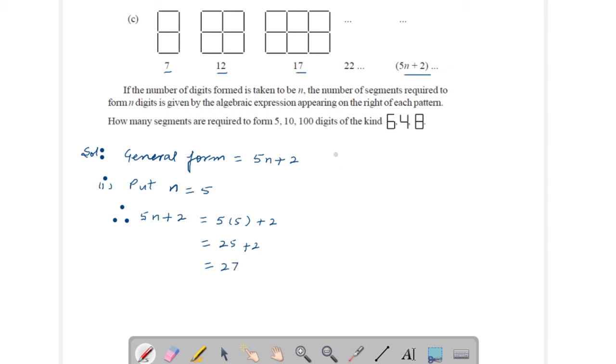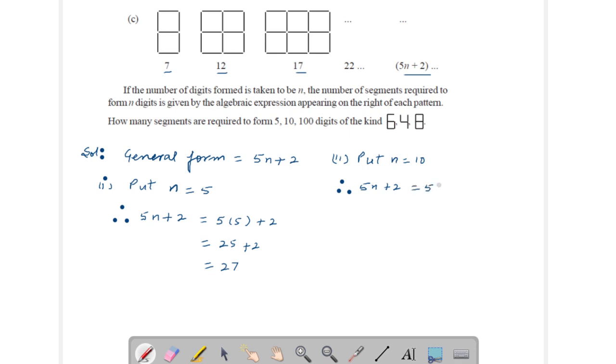See second part. Put n is equal to 10. Therefore, 5n plus 2 equal to, replace n by 10.